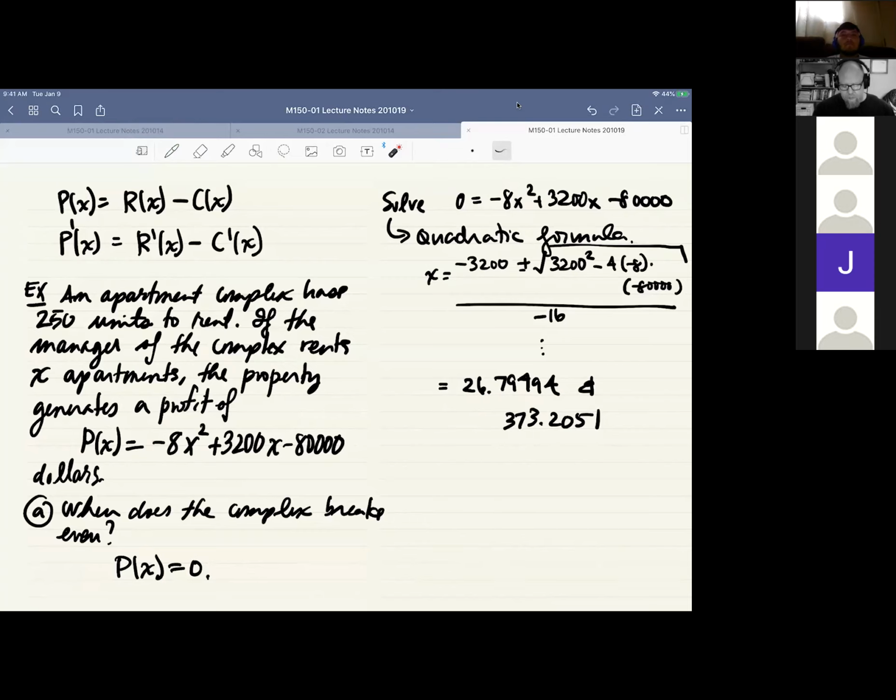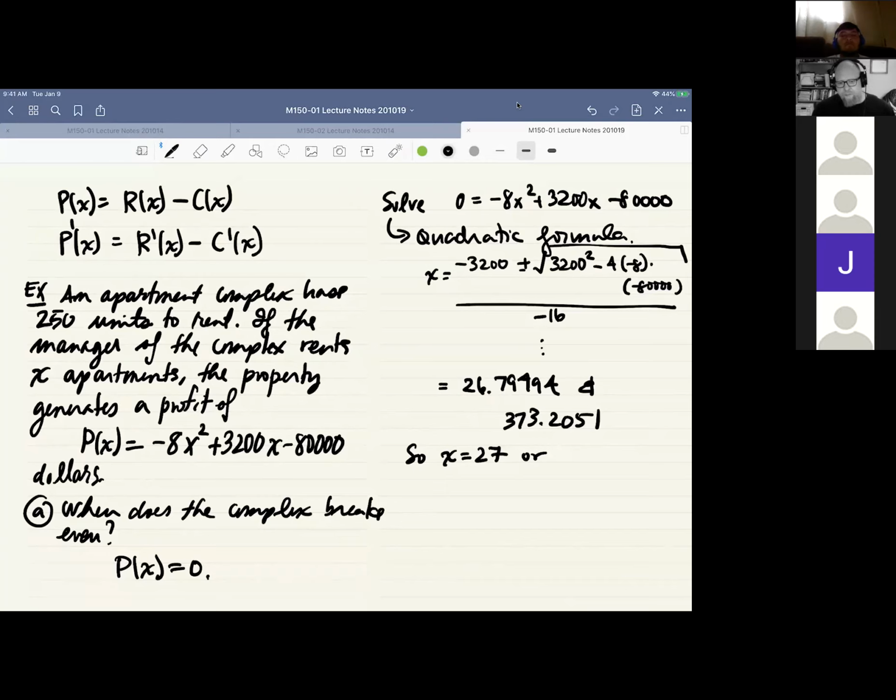If you're breaking even at 26, it's probably the case that if you rent fewer than 26, you're likely going to be negative. You're not going to break even there. But if you replace this with 27, you'll be making a little bit of money. So let's put that one in there. So x equals 27.